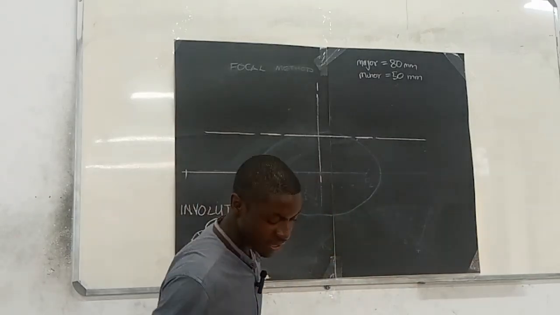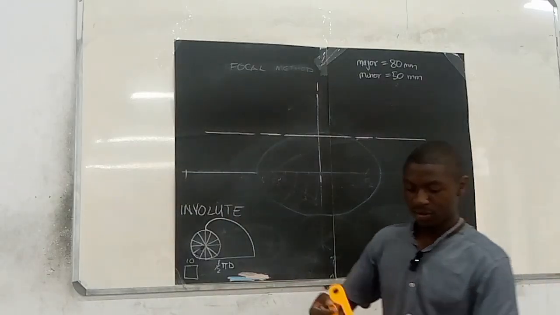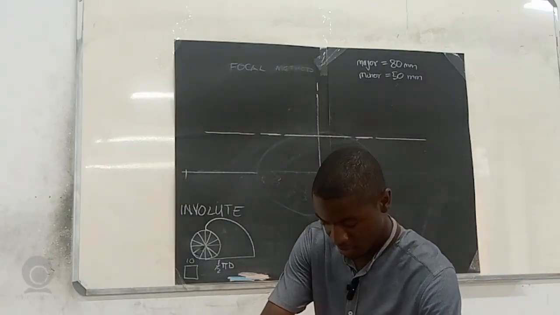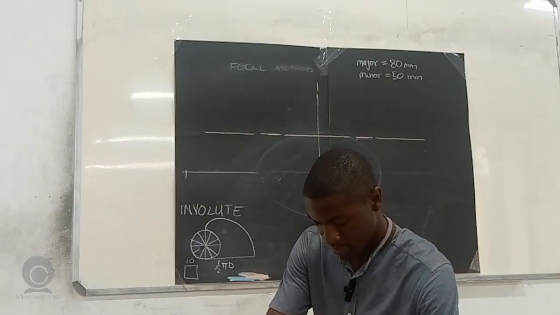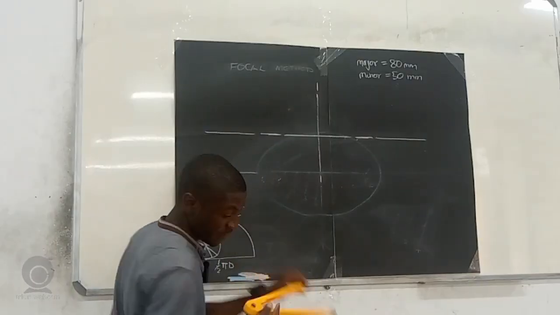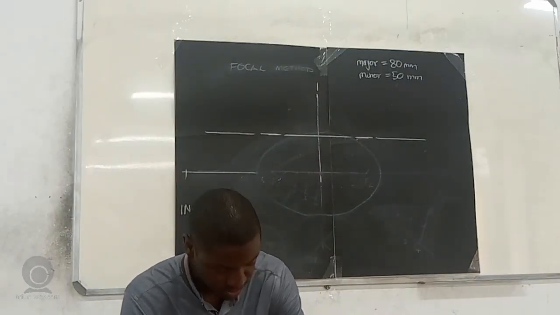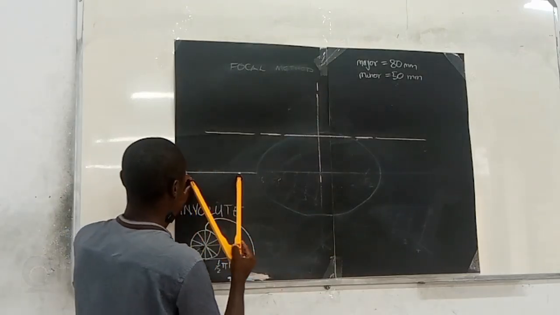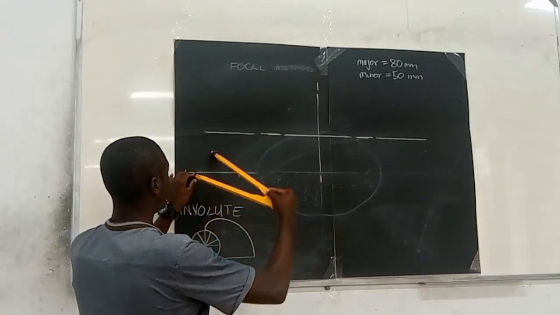You mark a point like that, then get your 35. I'll make it slightly bigger so that you can see. So let's say this is 35. You remember what we said we do is just bisect.